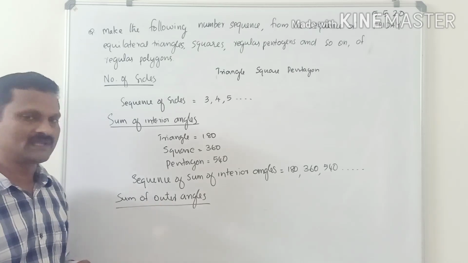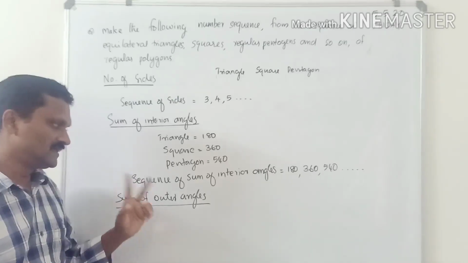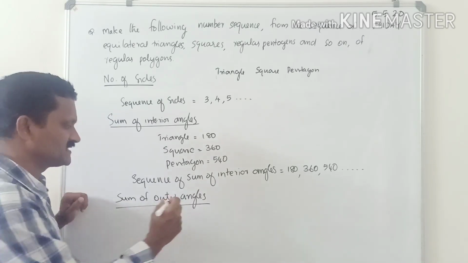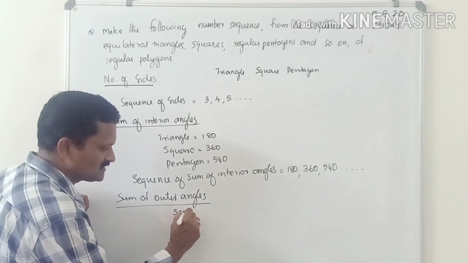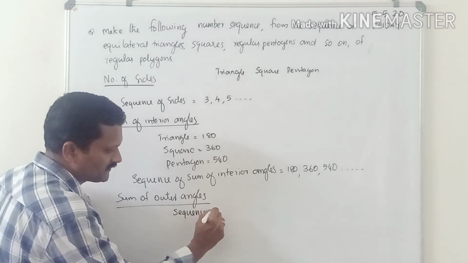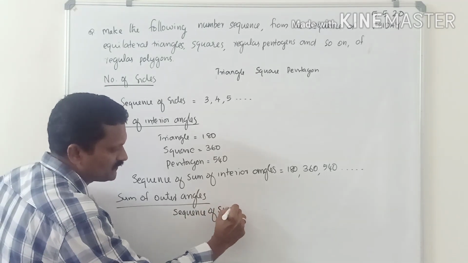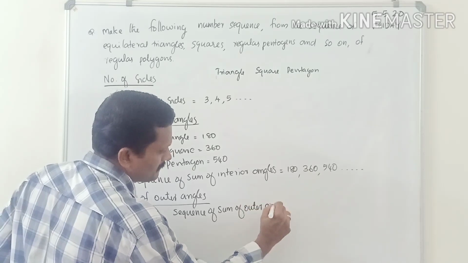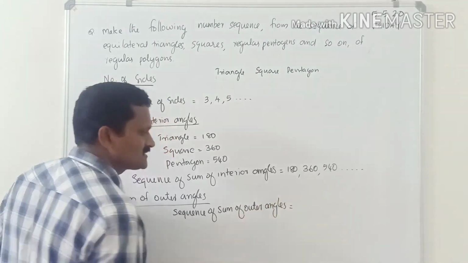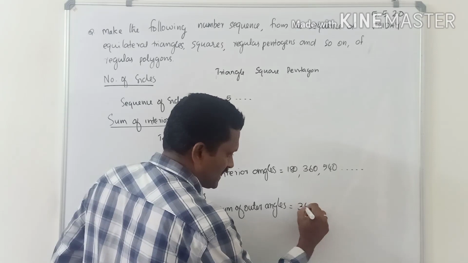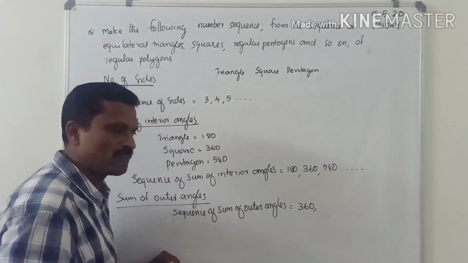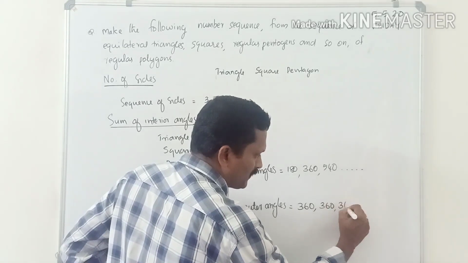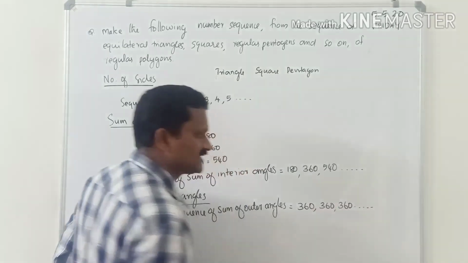Sum of outer angles. We know that the sum of outer angles of a regular polygon is 360 degrees. Therefore, the sequence of sum of outer angles is, in triangle 360 degrees, in square 360 degrees, in pentagon also 360 degrees.